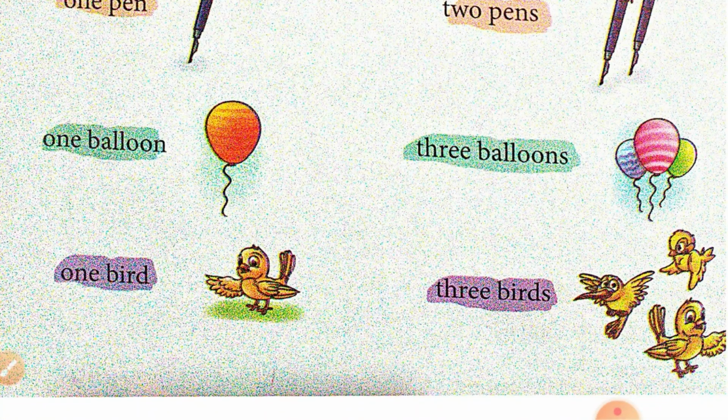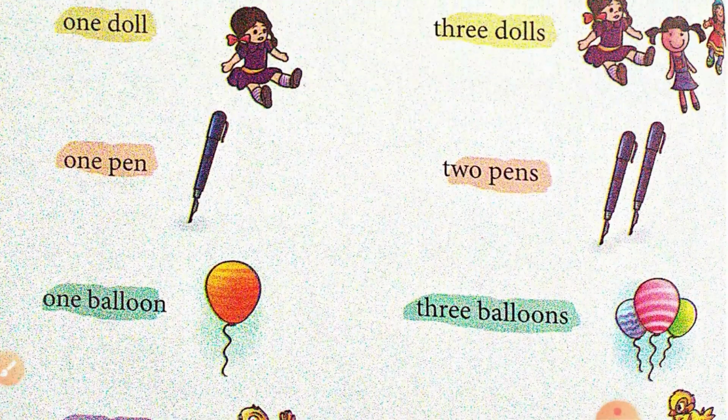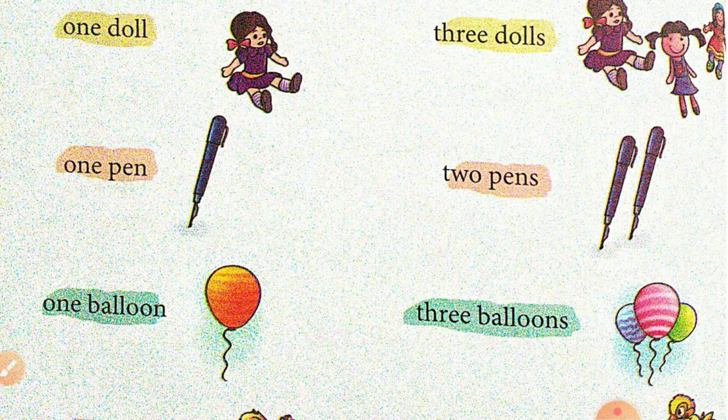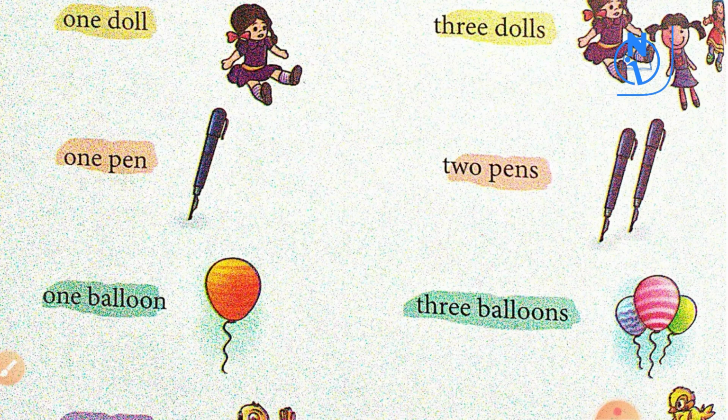Three birds. Three birds means more than one. Means plural. It's a plural form. Singular and plural. First column denotes singular nouns and second column denotes plural nouns.